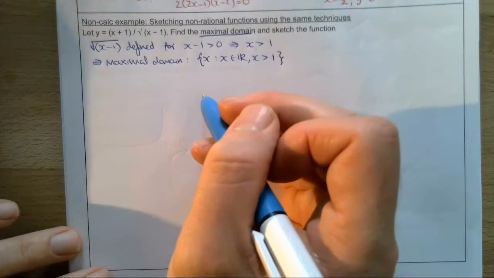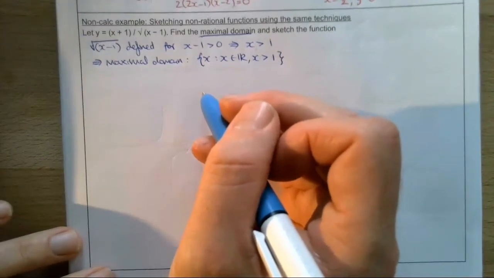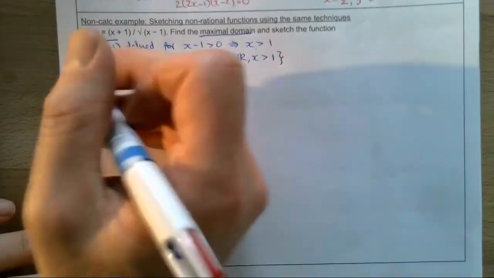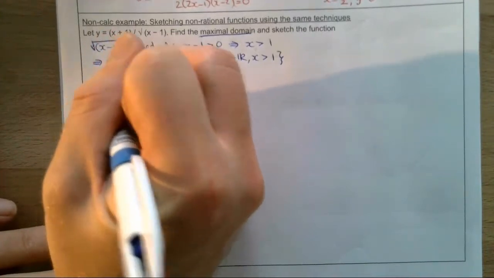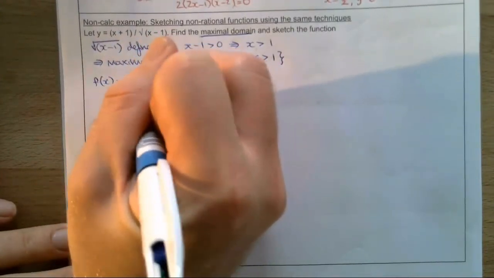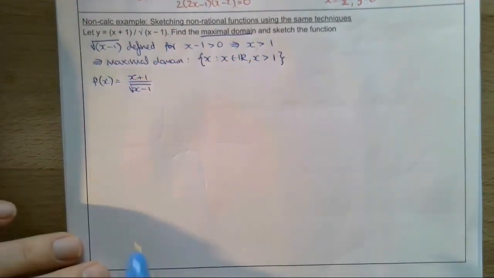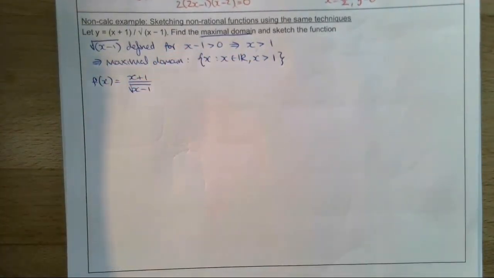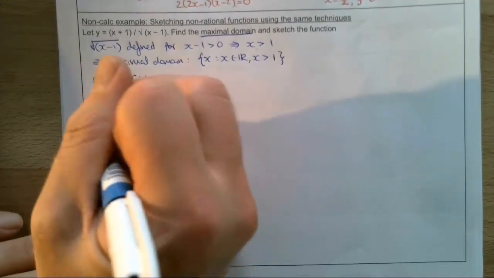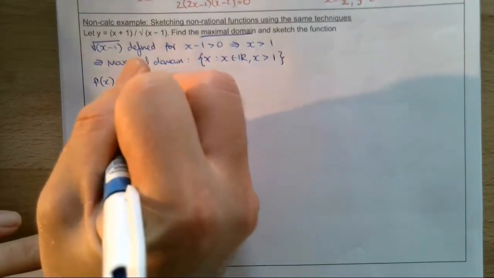So that's what we're looking at, and our function f of x is x plus 1 over root x minus 1. And so let's work through the same tools that we've had before. So intercepts first.